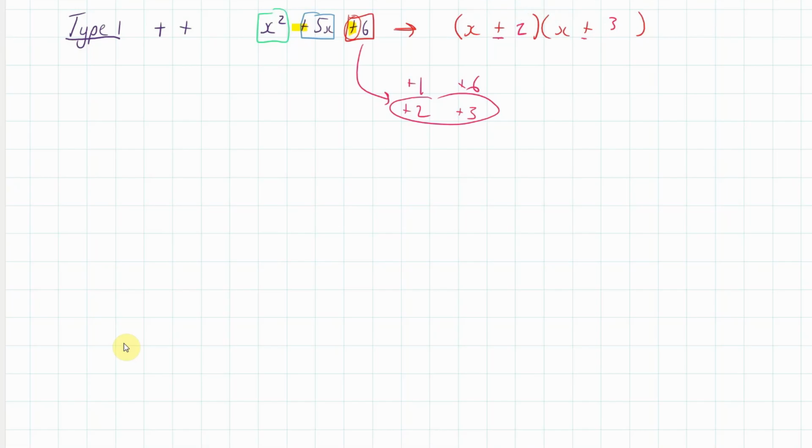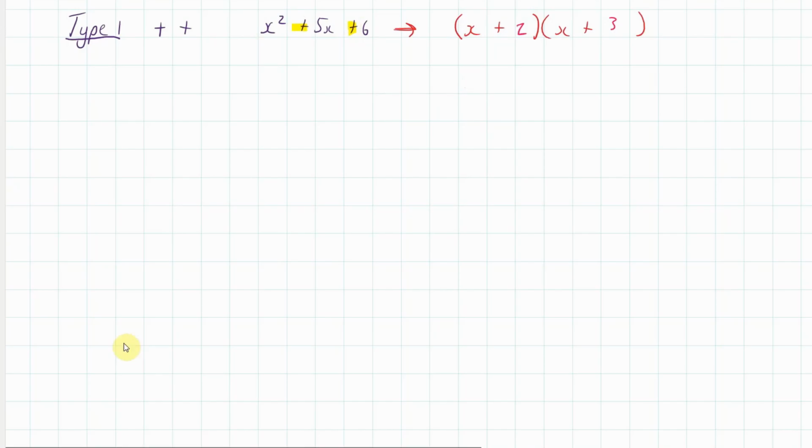Okay, so that's type 1. So type 1, you have a positive number at the end. So this positive here, you have that, and that tells you that you're dealing with 2 positive numbers if you've got this positive here.